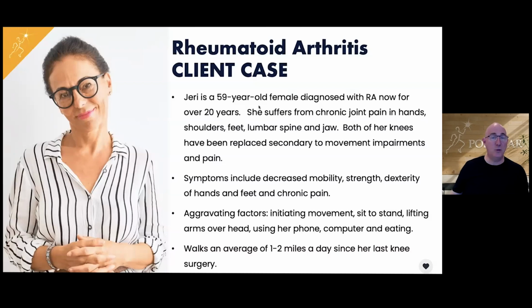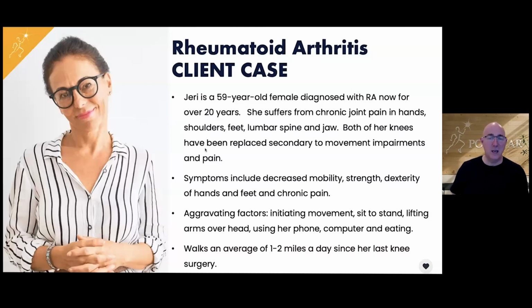Symptoms include decreased mobility, decreased strength, decreased dexterity in her hands, grabbing things, opening jars, even eating and holding things with her hands is very difficult. And she does have some chronic foot pain as well, inside her shoes, that makes it very difficult for her to walk long distances.